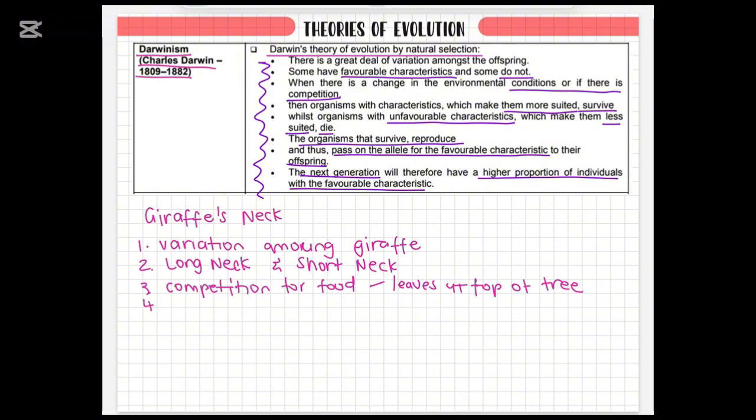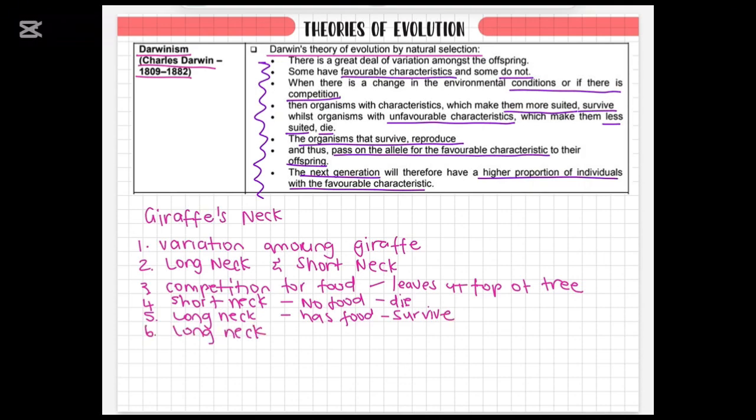Those with short necks are going to die because of no food, or they're unable to reach the leaves at the top of the tree, and therefore they die. And those with long necks, they have the food and they survive. So the favorable characteristic is the long neck.